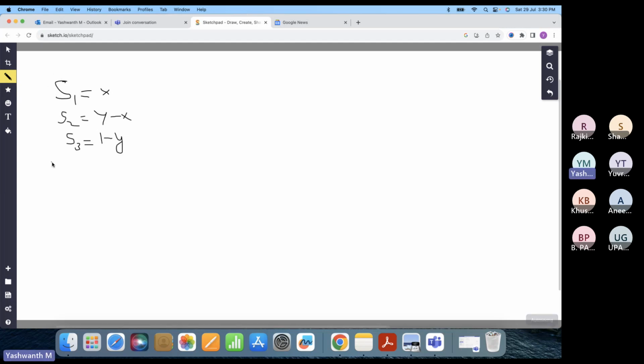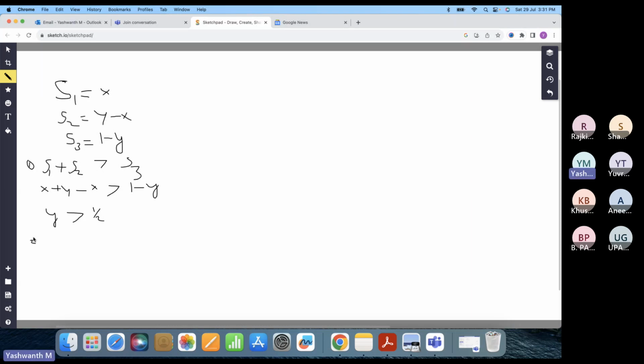Right, so S1 plus S2 should be greater than S3. That gets you x plus y minus x should be greater than 1 minus y. That's how you get the first constraint: y needs to be greater than 1 by 2. This is one.